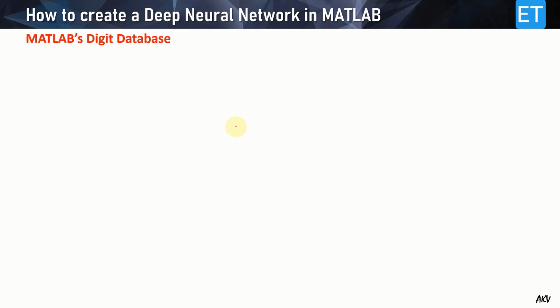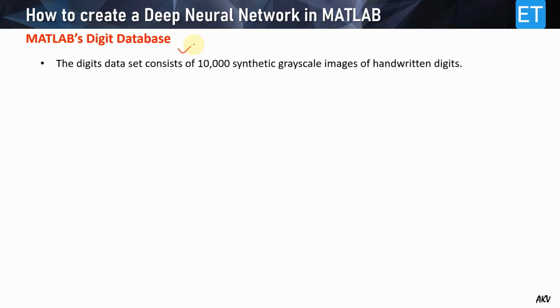So first we will see the MATLAB's digit data set. Actually, MATLAB itself includes a digit database, so we don't need to download the data set from some other external source. This digit data set consists of 10,000 grayscale images of handwritten digits, and each digit has 1,000 images in the respective folders.